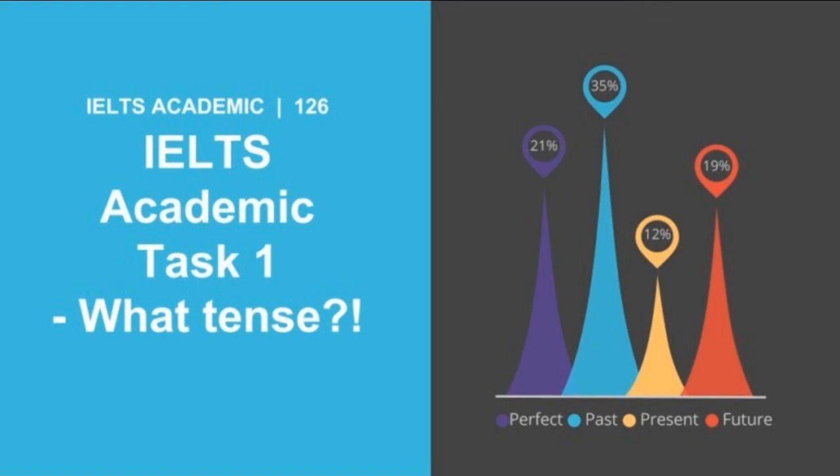And then the second rule is that sometimes you get charts and graphs that will require you to use more than one tense. So it might be historical data mixed with forecasts into the future.